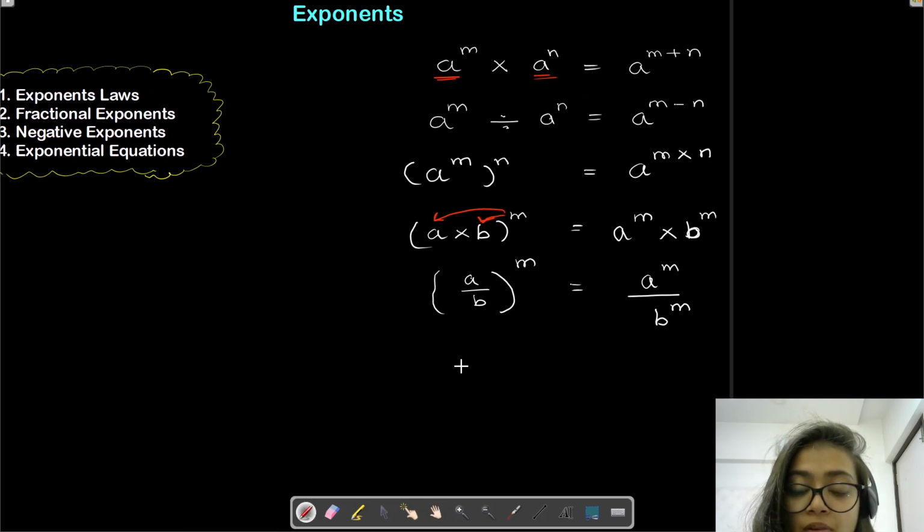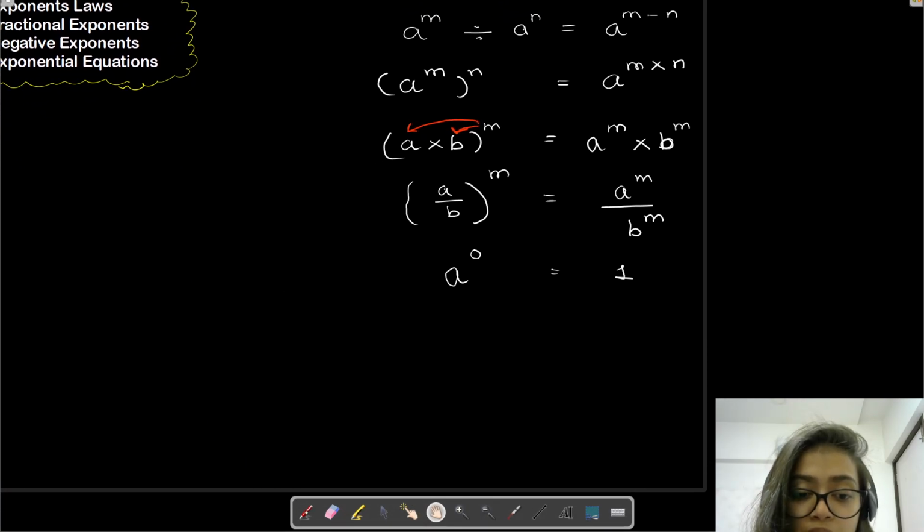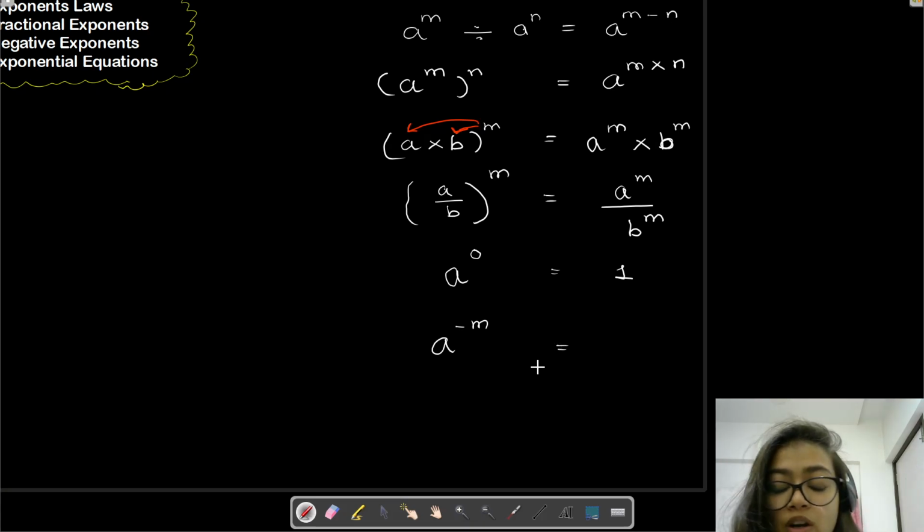Then what happens if you have exponent 0? Anything raised to 0 is nothing but just 1. Next we have negative exponents. What do you do if you have a raised to negative m? Whenever you see a negative exponent, always try to make that exponent positive.